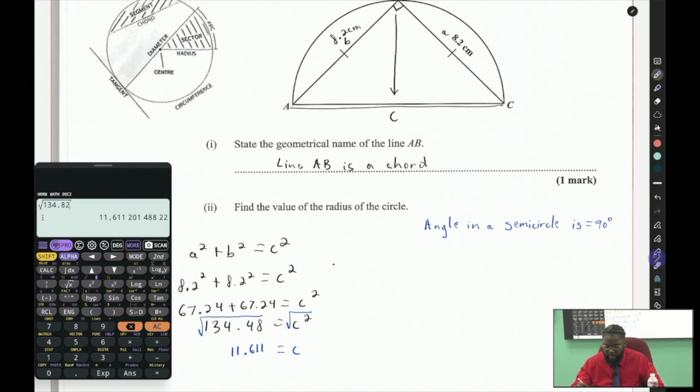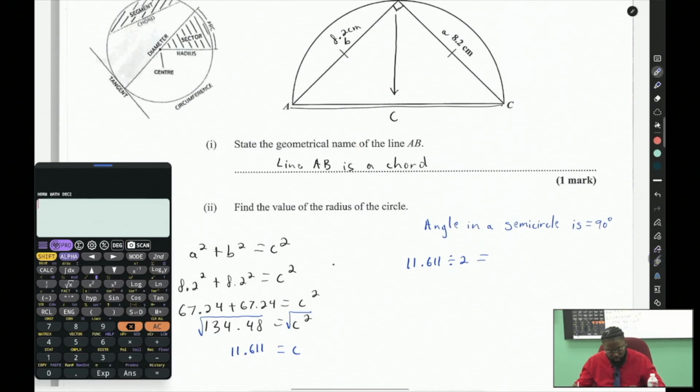And we know that the radius would be half of the diameter. So we then need to find half of 11.611, which we would simply divide by 2. Which will give us 5.8055.